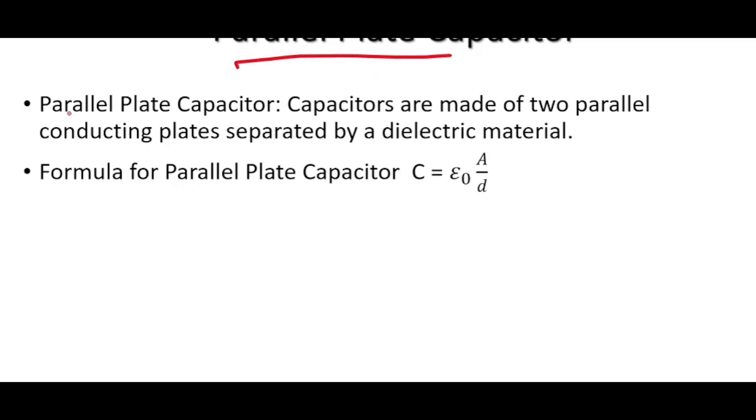Parallel plate capacitors are made of two parallel plates. Both the plates are charged: plus charge over here and minus charge over here. Now, the formula for a parallel plate capacitor.